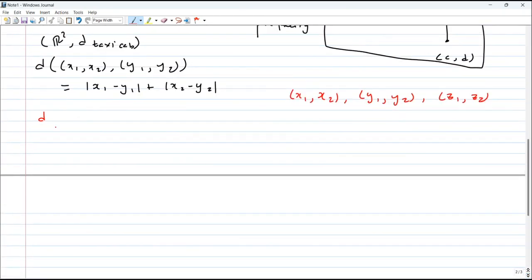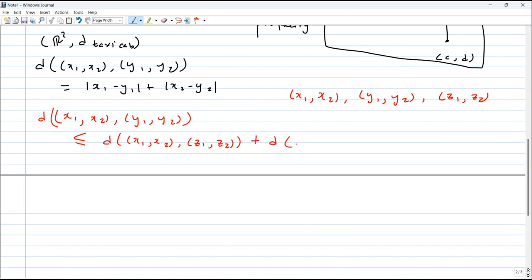The triangle inequality says that if you are looking at the distance between any 2 points, say (x1, x2) and (y1, y2), where we are using the taxi cab distance, it has to be less than or equal to the distance between (x1, x2) and the last one, (z1, z2), plus the distance between (y1, y2) and the last one, (z1, z2).